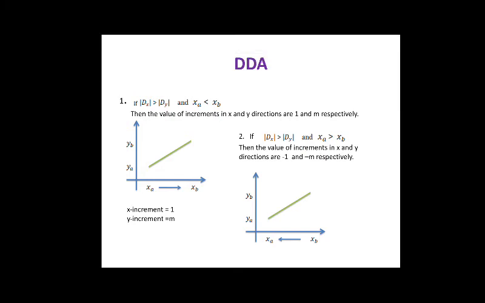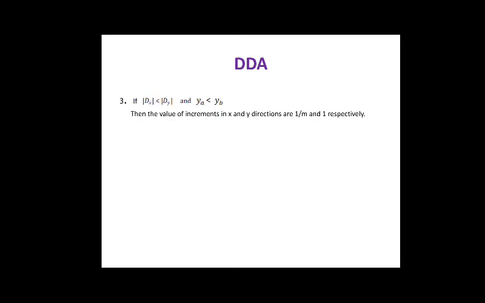In the same way I am decrementing y also, because the line is drawn in this direction. So x and y are decremented, and that's why the x increment is -1 and the y increment is -m. The values of x and y increment are the same, only the sign is changed, depending upon whether the line is drawn from left to right or right to left. According to that we have to change the sign.